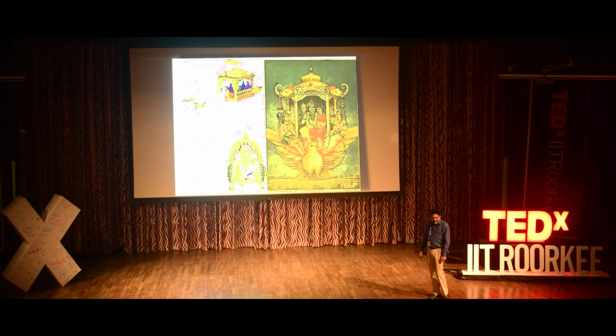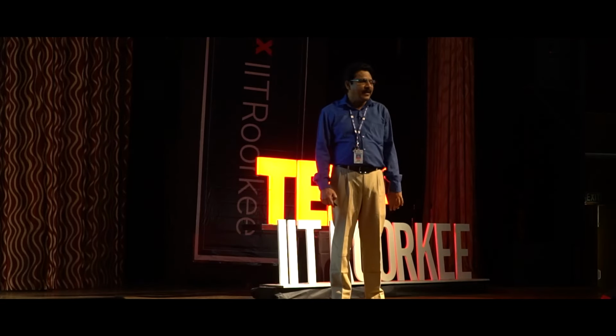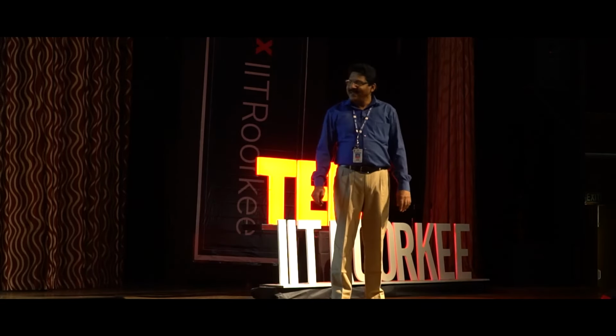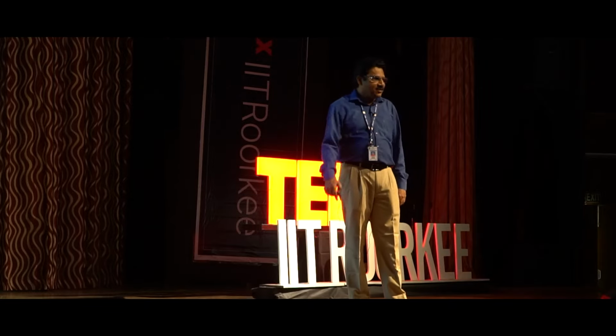Just taking a relook at our knowledge of history: Pushpak was originally made by Vishwakarma for Lord Brahma, and he gave it to Kubera, and then Ravana captured it from Kubera, and after Lord Rama won over Ravana, he returned it back to Kubera. Now, this name Pushpak is really ideal for our vehicle because it has something to do with money. What we are trying to do is reduce the cost of access to space.